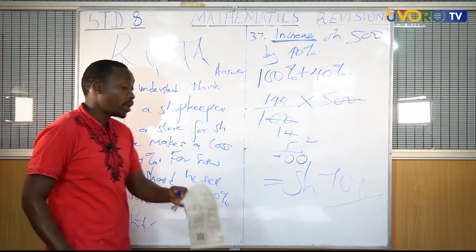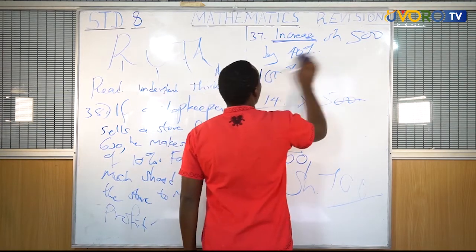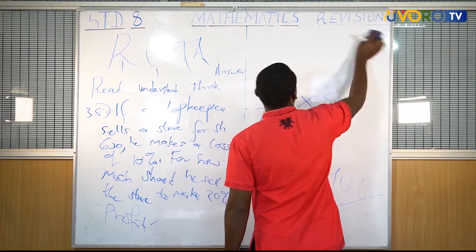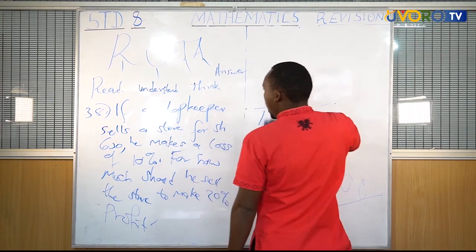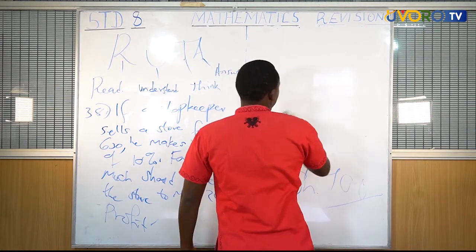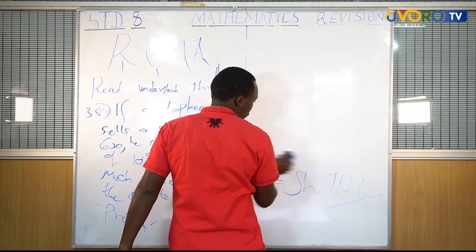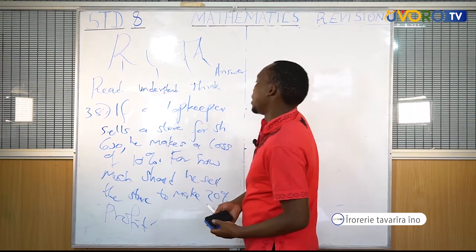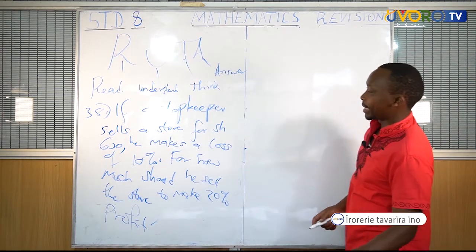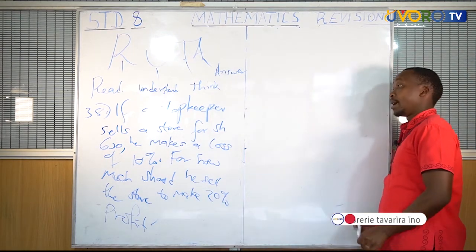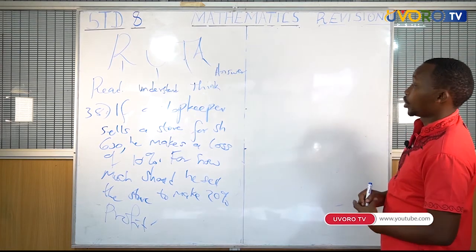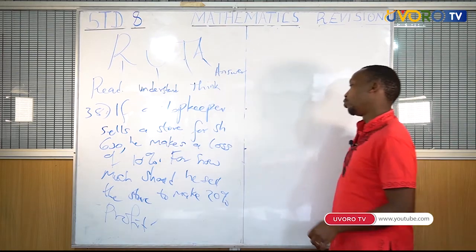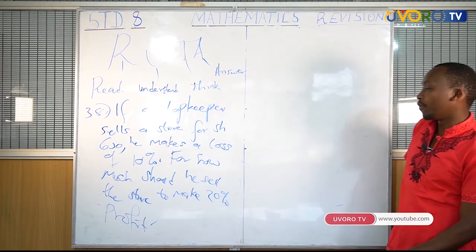This sum is always in KCPE, all the time. Salute our R, that is for reading. If a shopkeeper sells a stove for shillings 630, he makes a loss of 10%. For how much should he sell the stove to make a profit of 20%?